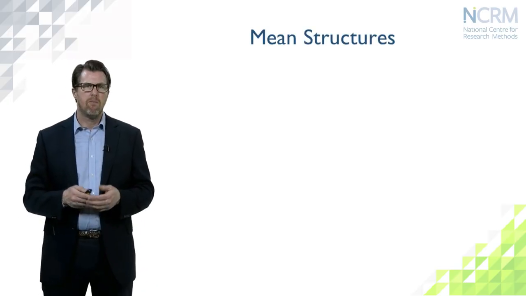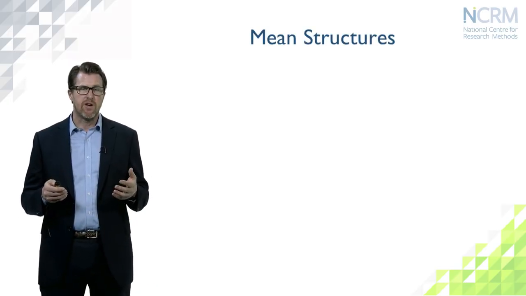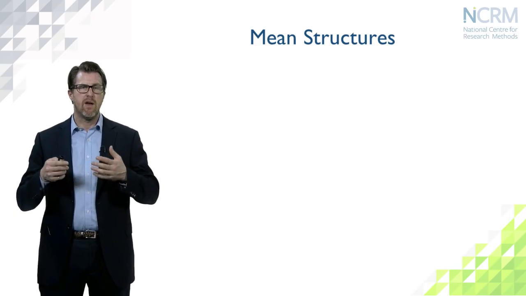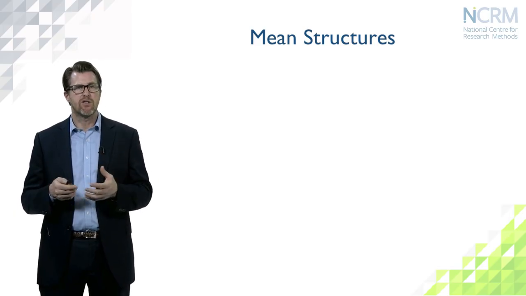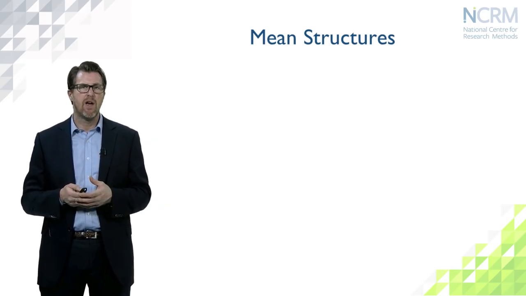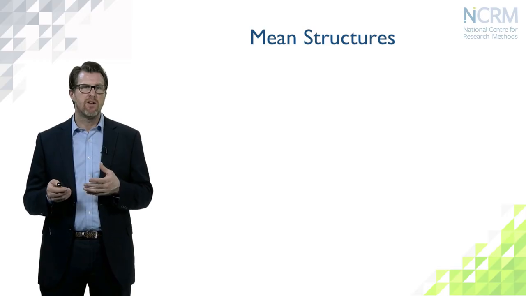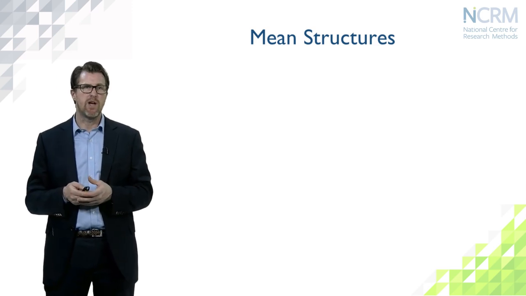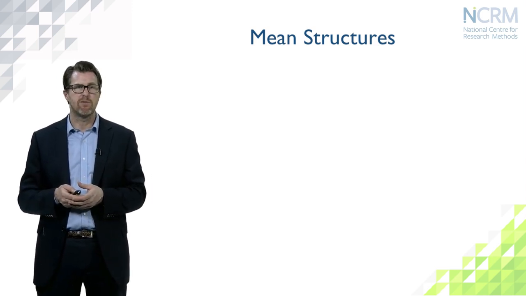So in confirmatory factor analysis, we are interested in making good measures of our key constructs, concepts in our theories, and we are then in the next stage usually going to move on and look at the relationships between the measured concepts.